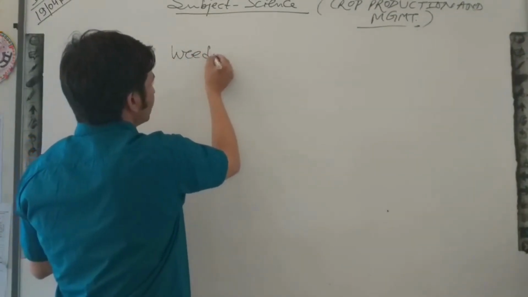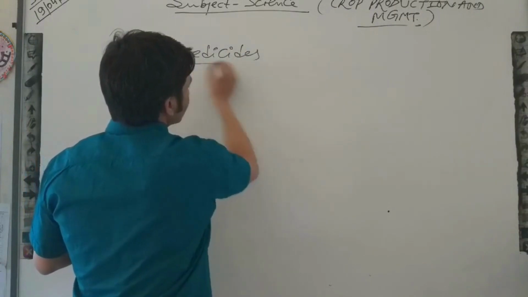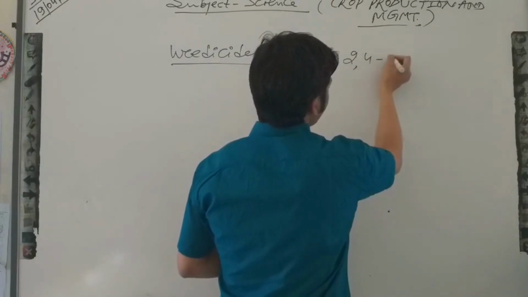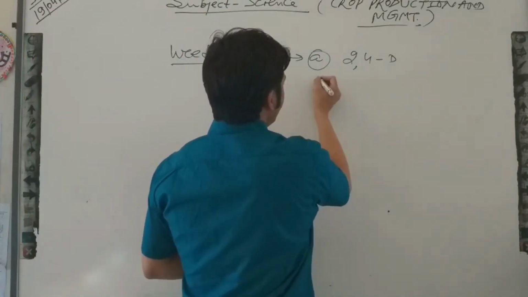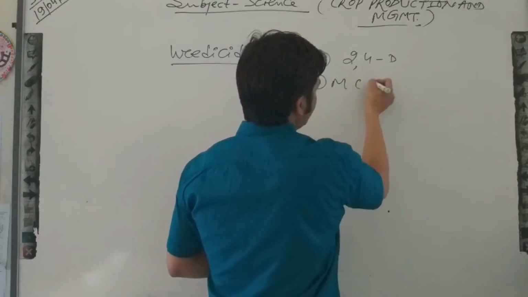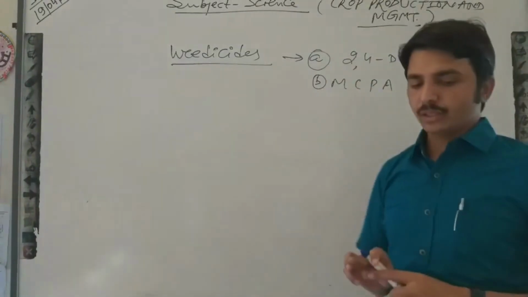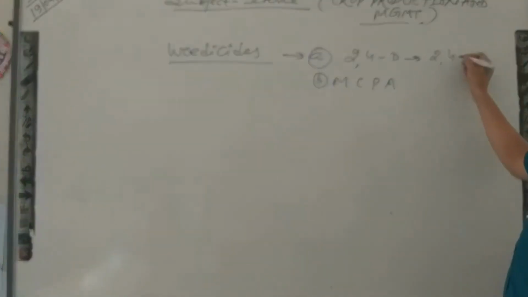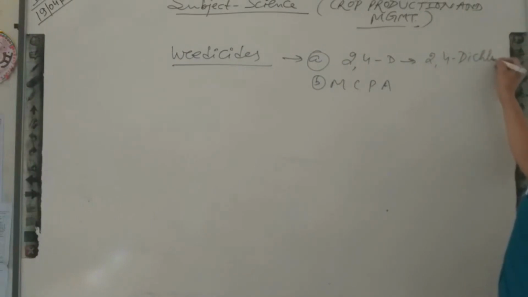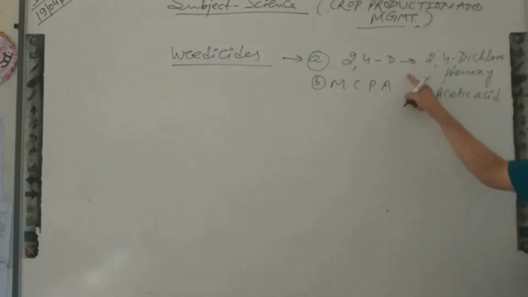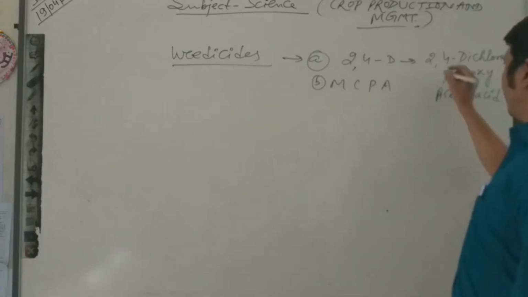So what are weedicides? Generally we are using 2,4-D, and second we are using MCPA. So what is 2,4-D? 2,4-D is 2,4-dichlorophenoxyacetic acid.